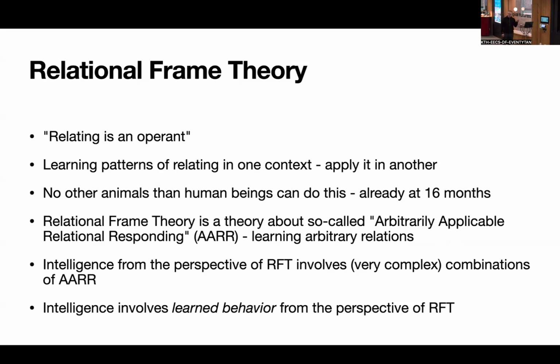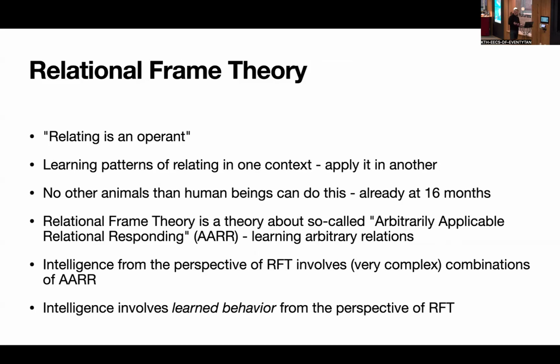But the magic thing about this from the perspective of AI is that if a machine can learn to do AARR, oh my God, then it could really learn a lot of intelligent stuff during its lifetime, rather than having it built in from the start, so to speak. So it seems to be an extremely potentially important process for AGI research.